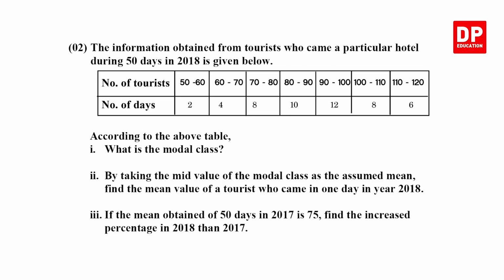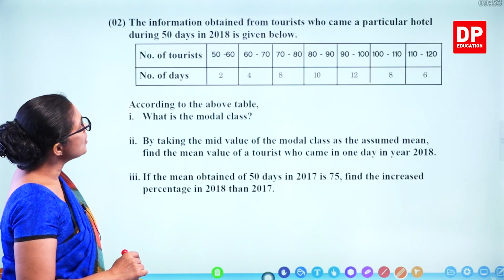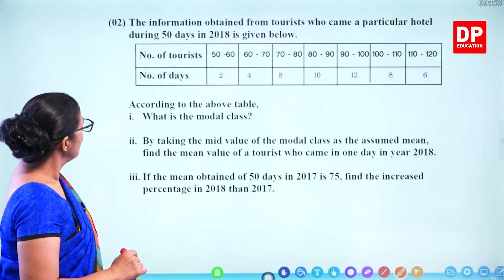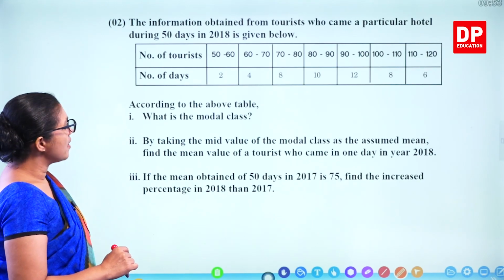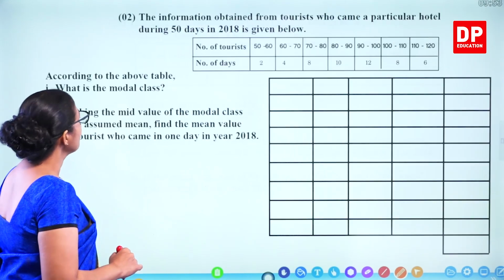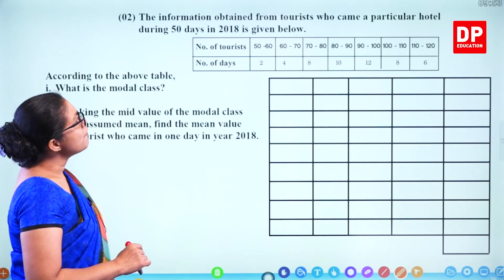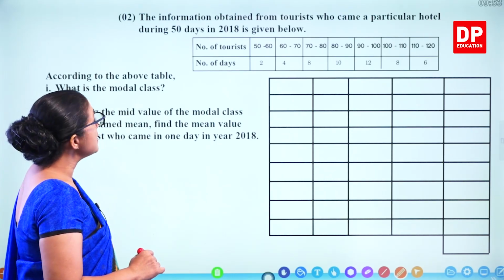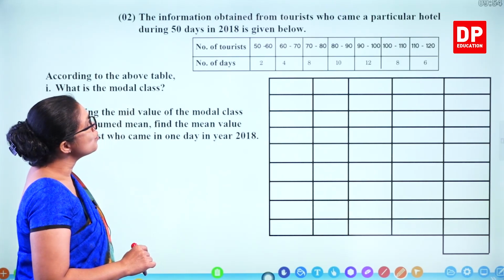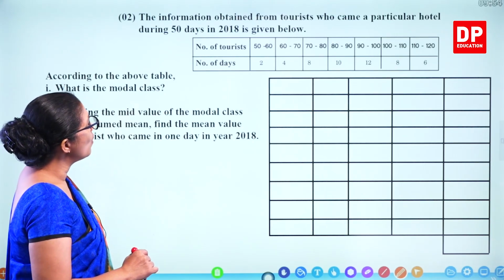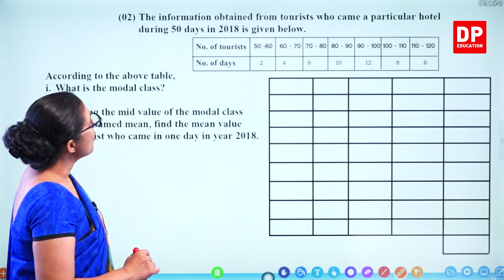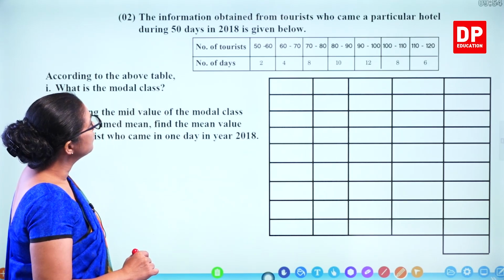Now you can do question number 2. That's a statistics question. How many parts? 3 parts are there. The information obtained from tourists who came to a particular hotel during 50 days in 2018 is given below. Number of tourists, number of days.